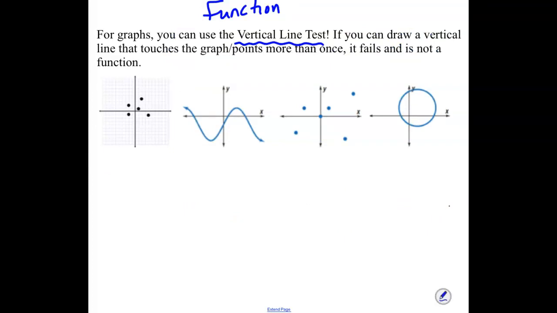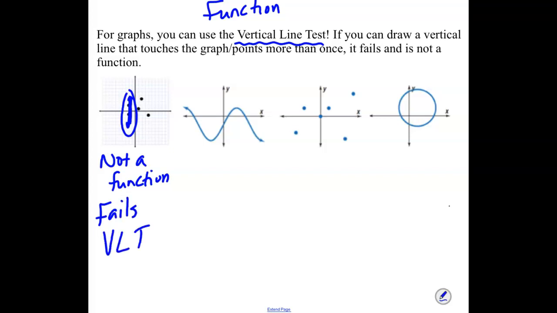So looking at our first example here, notice right here we have two dots that are lined up vertically. So if I tried to draw a line through those, I'd hit two spots at once. So not a function. And if you're asked for a reason, we would say fails vertical line test.